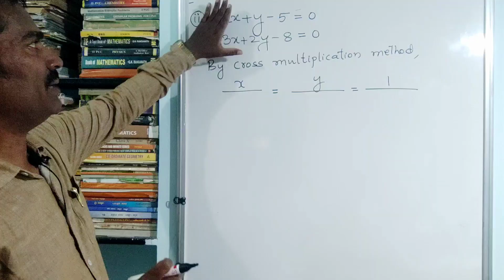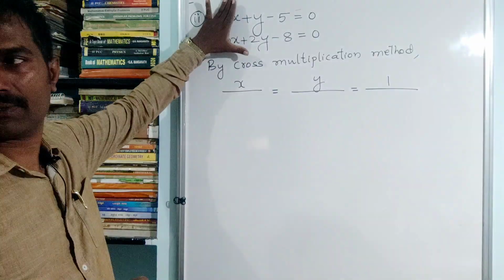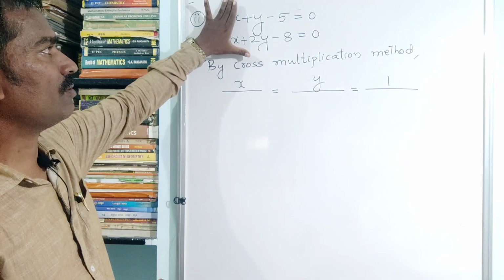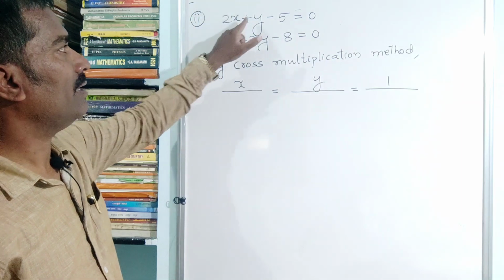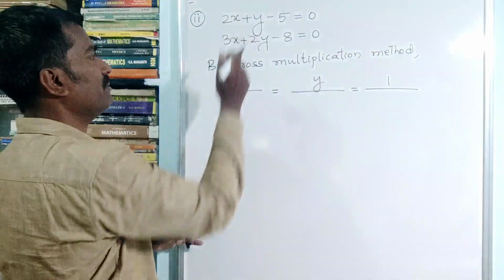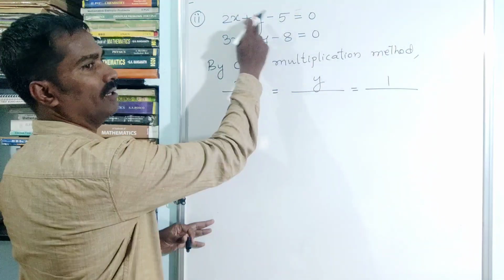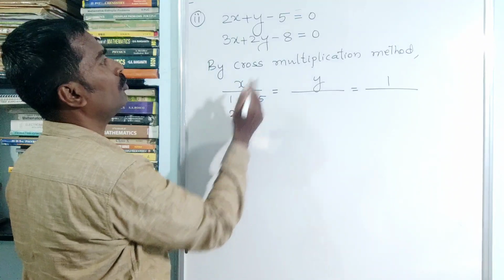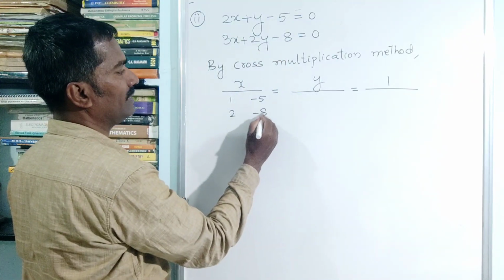For x divided by, close the coefficients of x. For y, close the coefficients of y, and write the coefficients and constants of the remaining values. So what are the remaining values? Coefficient of y 1, minus 5, 2, minus 8.